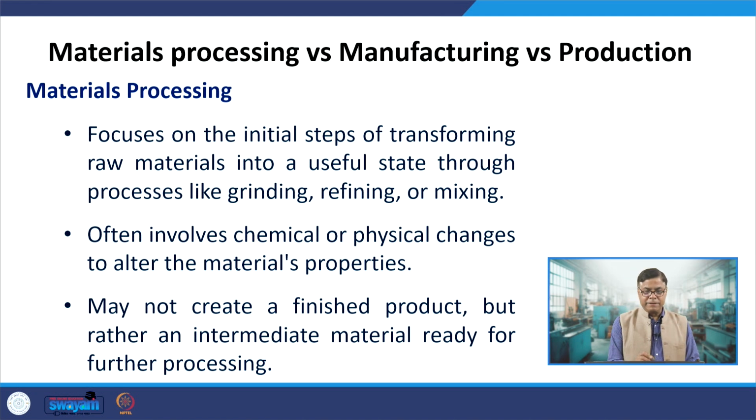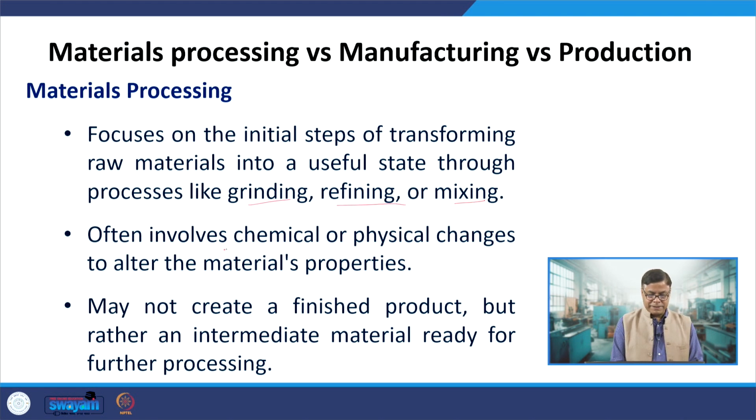Now, we will see material processing versus manufacturing versus production. Material processing focuses on the initial steps of transforming raw material into a useful state through processes like refining, mixing, grinding.